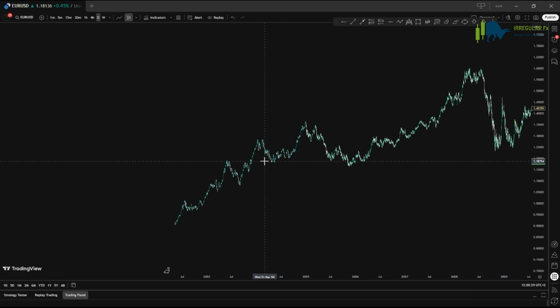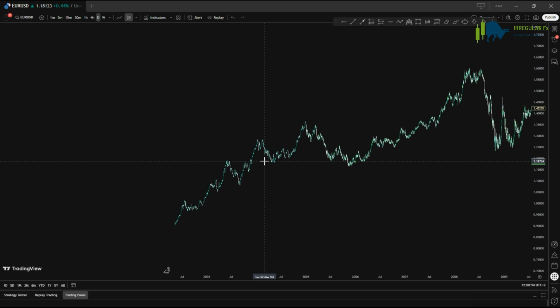These patterns, guys, you can find them on a daily time frame, on a 1 hour, on a 4 hour, on a 15 minute, on a 5 minute, on a 30 minute. You can find them everywhere. You just have to know how to apply them. Another thing, they are mostly efficient on a higher time frame.